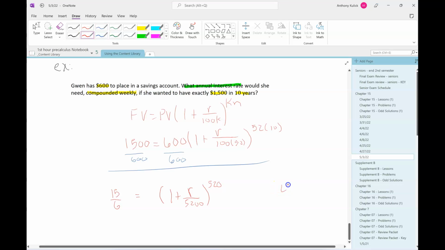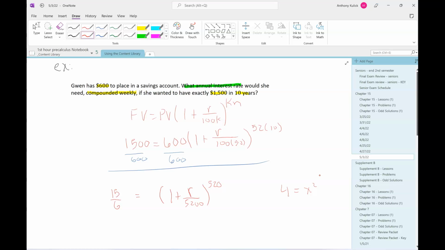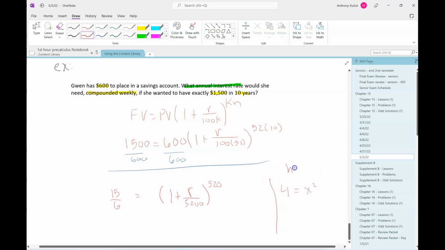What if I just had 4 is equal to x squared? What would I use to solve this? Anybody? Just as a hypothetical? If I wanted to solve 4 is equal to x squared, what would I do?